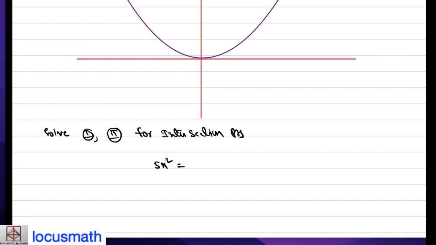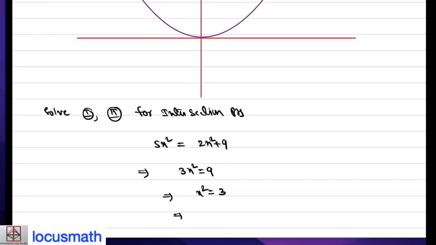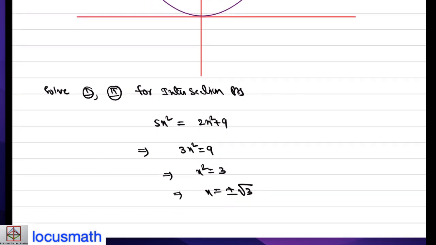Equate 5x square and 2x square plus 9. So 3x square equals 9. That implies x square equals 3, x equals plus or minus root 3, sorry. Therefore these two parabolas intersect at x equal to minus root 3 and x equal to root 3.